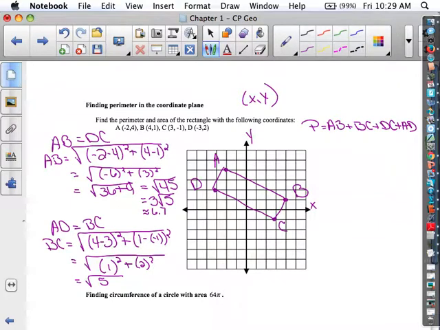So AB is 3 square root of 5. BC is the square root of 5. DC is 3 square root of 5, and AD is the square root of 5. Add those together, and this becomes 8 square root of 5. In decimal form, I have 6.7 plus 2.2 plus 6.7 plus 2.2.